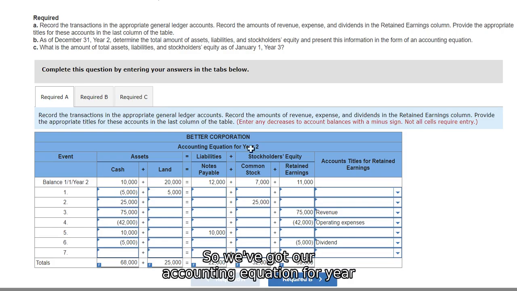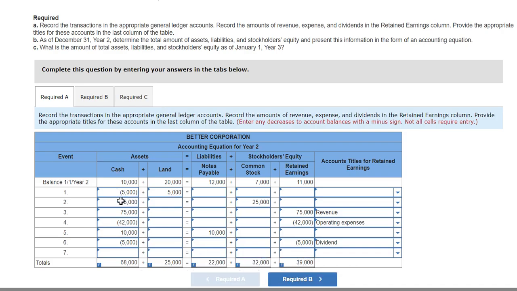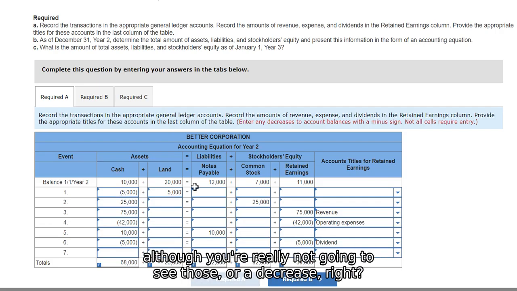So we've got our accounting equation for year 2. Our cash decreased and our land increased. We show a decrease with parentheses. In the accounting world, parentheses means a negative, like a negative balance, or a decrease.